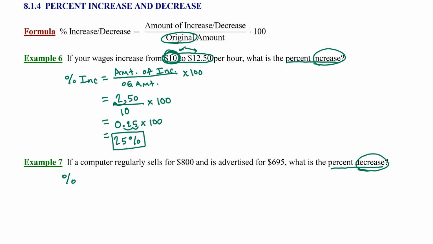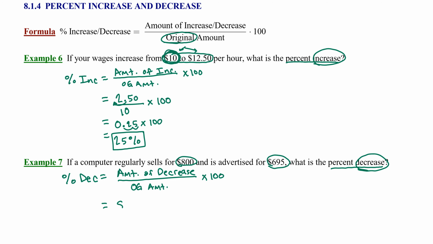So this time we're going to calculate the percent decrease as the amount of decrease divided by the original amount times 100. Now, to be clear, the amount of decrease is the difference in these two numbers.